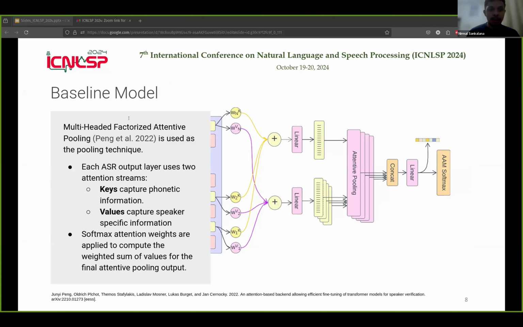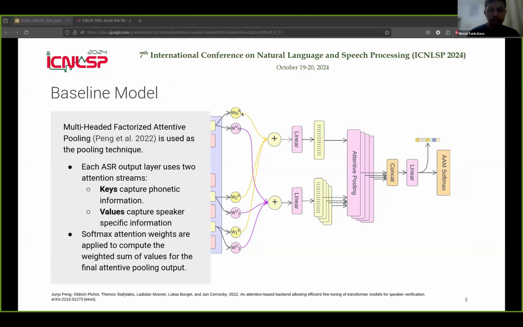So each output of each layer of this ASR transformer is given to two types of attention weights. The first one is key attention weights, and the second type is value attention weights.